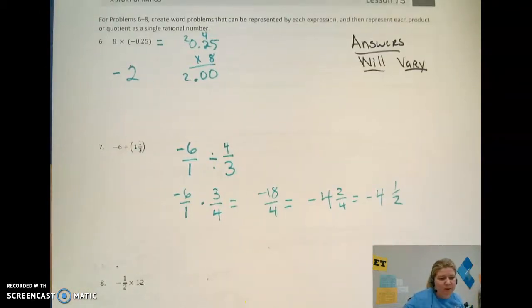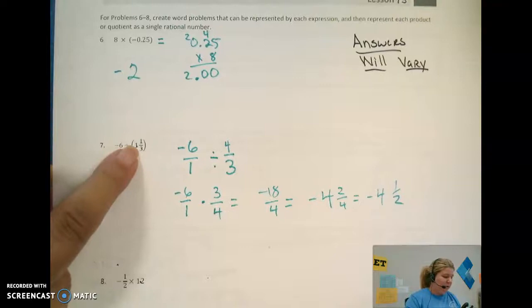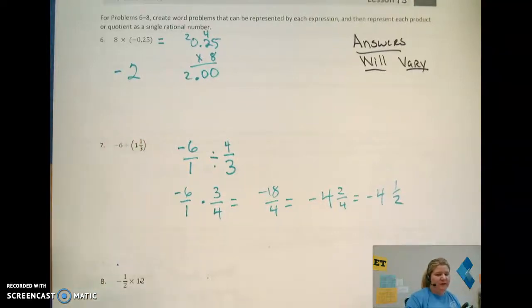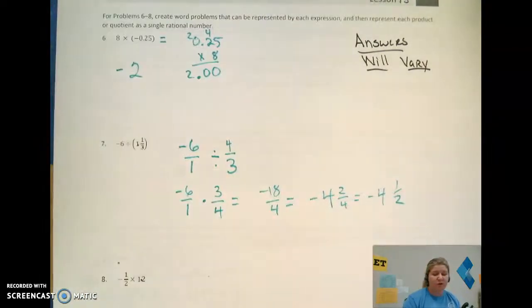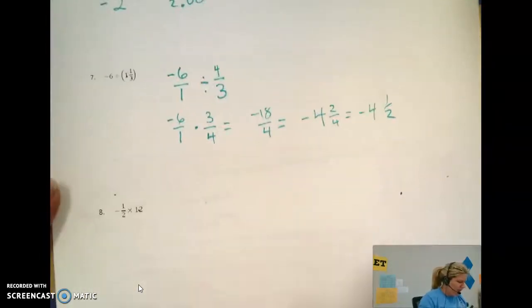So for the word problem, maybe I could say I lost 6 pounds over 1 1/3 years. How many pounds did I lose each year? 4.5. Lost 4.5. That was kind of a hard one to come up with a word problem for.